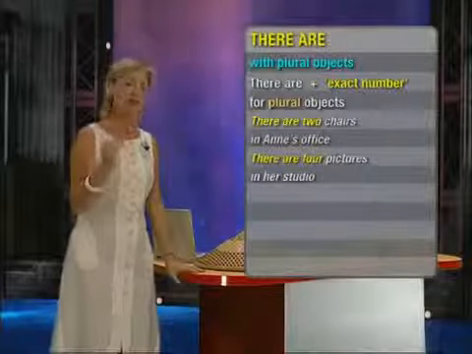All right, so that's an introduction to there is and there are some. Now, in the next lesson, we're going to look at the difference between some and any, which is very important. So listen out for that in the next episode, and then come back here and we'll work on it. All right? See you later. Bye.